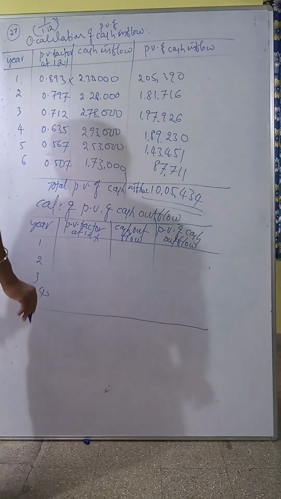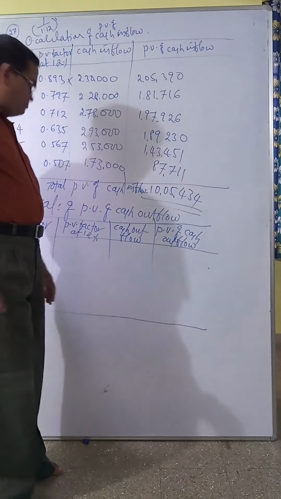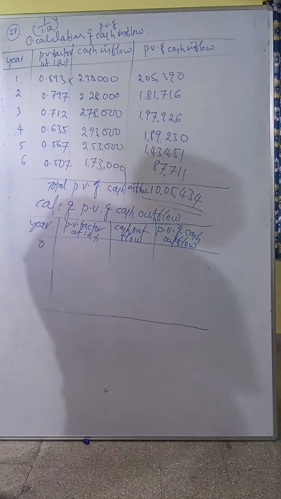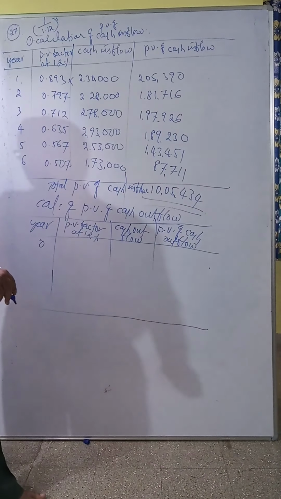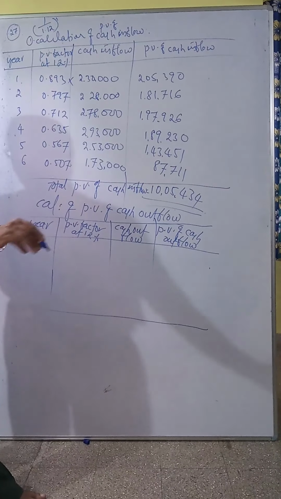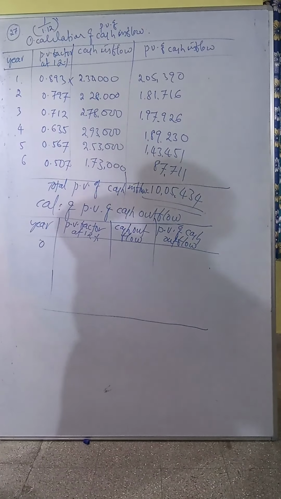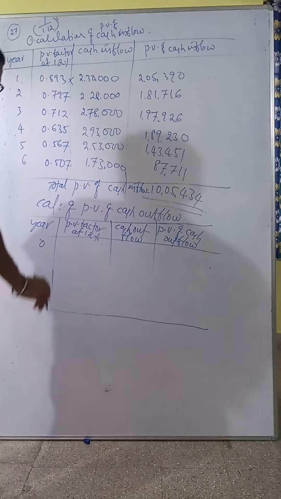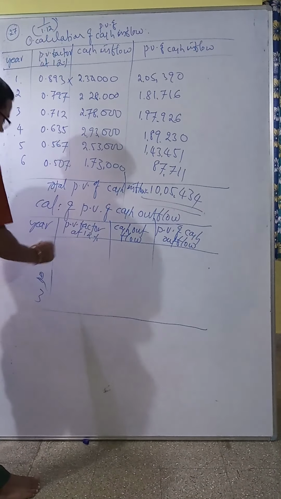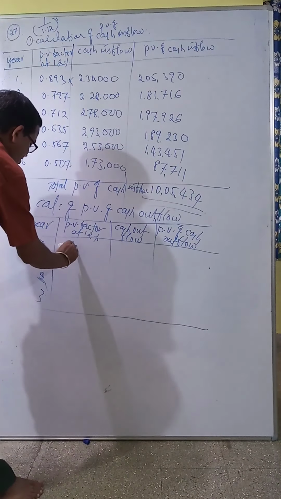Sorry, you have to take year 0, then 1, 2, 3. Cash outflow always starts at year 0. Don't take year 4. Cash outflow is at the beginning of the first year, second year, third year, fourth year. Understood? You always start with the original investment at year 0. The PV factor for year 0 is always 1, since the present value is 1 rupee.